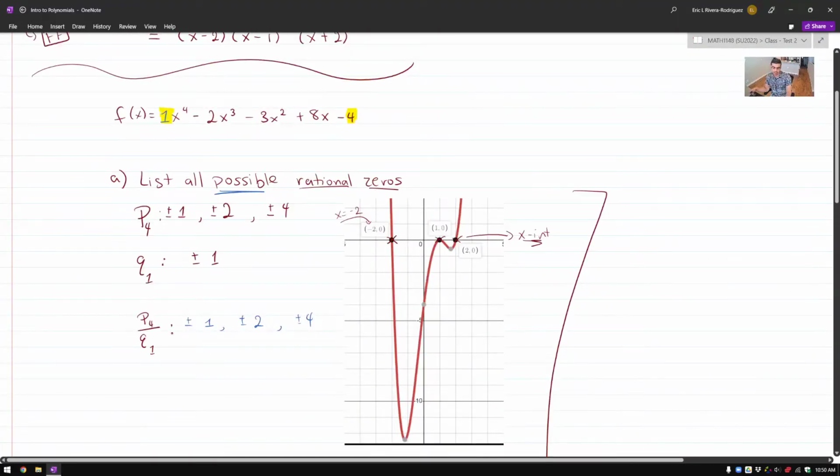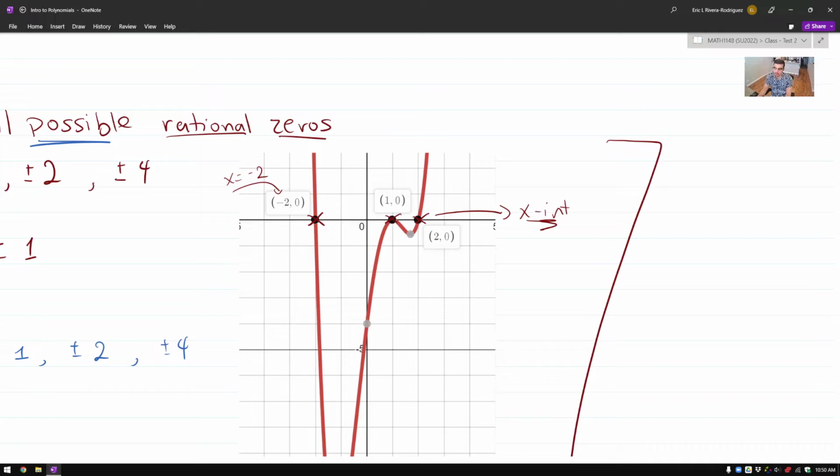Well, they are identified because we saw those zeros here, because we saw all the x-intercepts of the polynomial. So for sure, 1 and positive 2 are going to be zeros of that quotient.